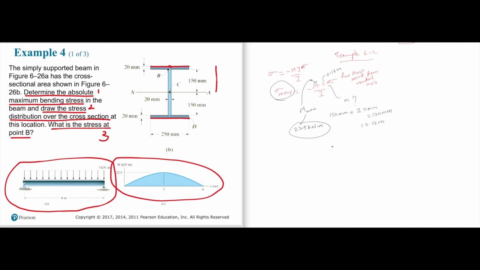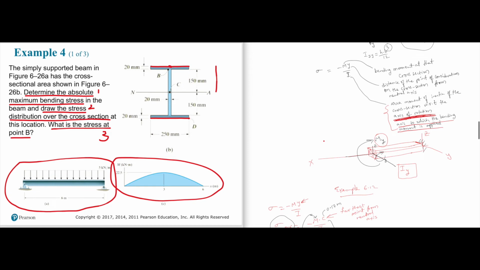Okay, so you know M, you know C. What about I? What is the moment of inertia? Do you still remember the definition of I? I is the area moment of inertia of the cross section.